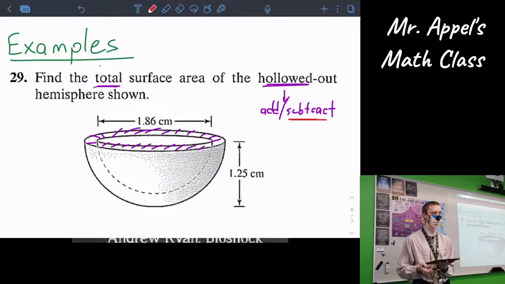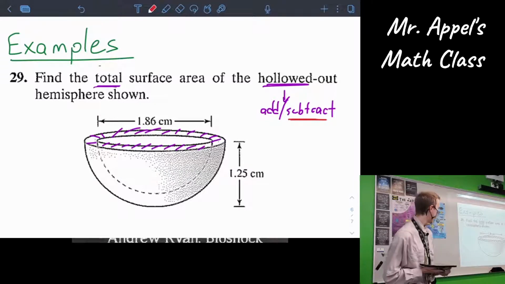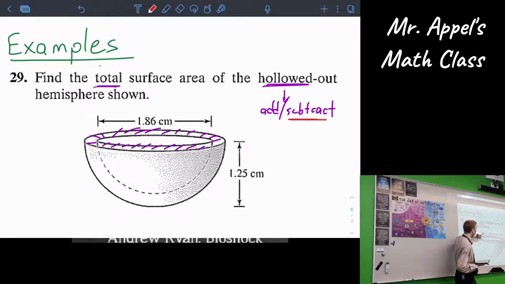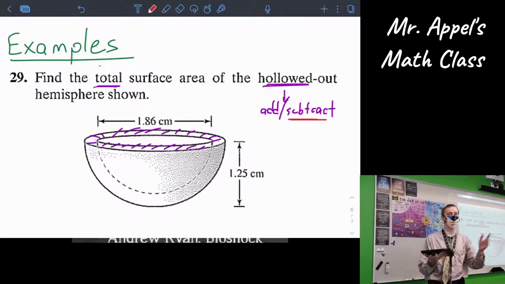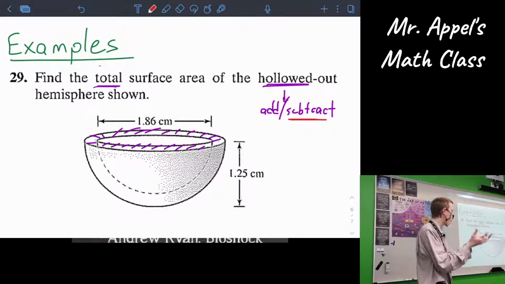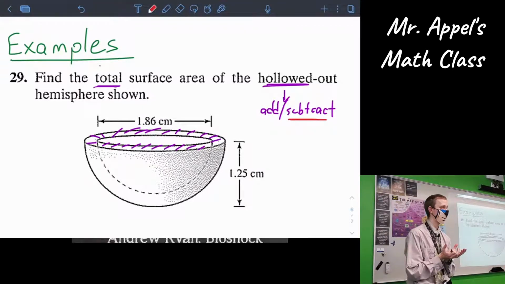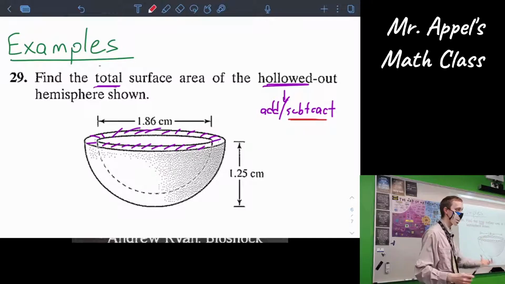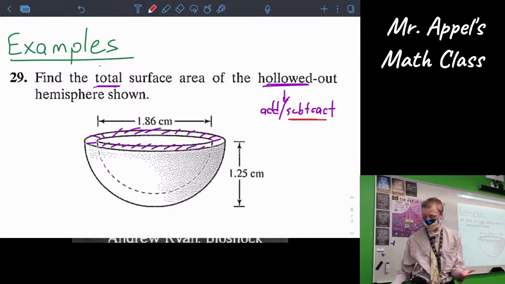Because this is now a physical 3D object. It has thickness to it, right? This isn't our idealized mathematical hollow hemisphere, right? This is an actual bowl. So you could take this object and you could spray paint it from all sides, right?